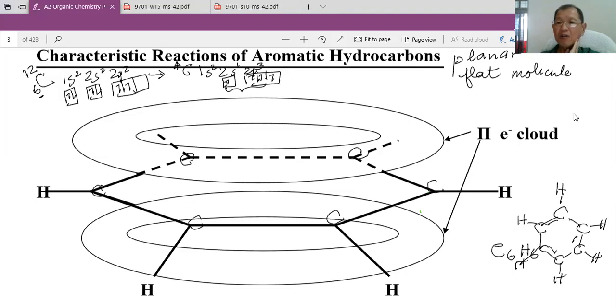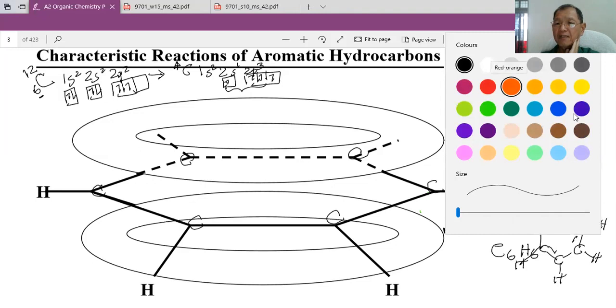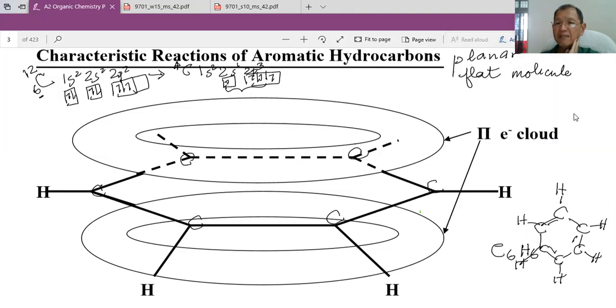I'm going to draw the sp2 orbitals here, using another color. 1, 2, this should be bigger, 3. Then this carbon is the same, sp2.